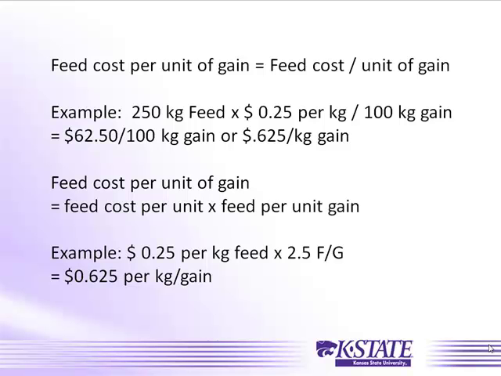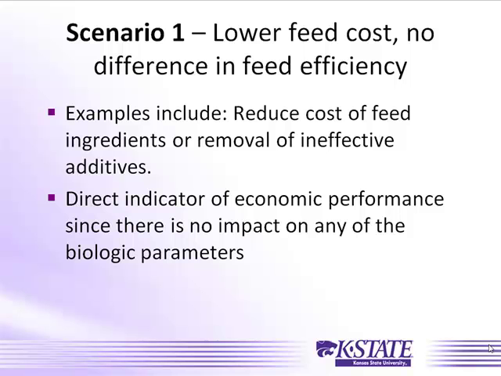Here we have 250 kilograms of feed, 25 cents per kilogram, 100 kilograms of gain, 62.5 cents per kilogram of gain. Or you can just do feed cost per unit, 25 cents per kilogram or pound or ton or whatever, times feed efficiency, and you get a unit measure from an economic perspective of per kilogram of gain.